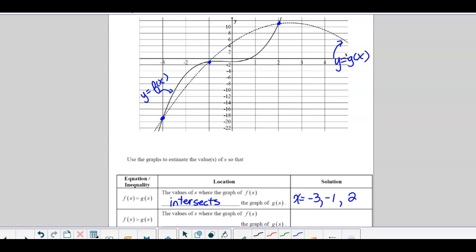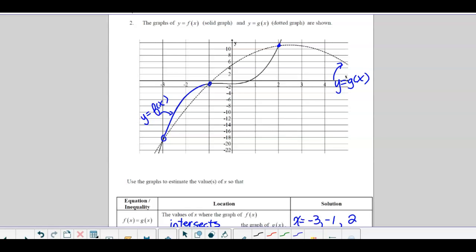Well, in this interval here, okay, so there it's above. There it's equal, so this doesn't have an equal sign. So this is just your work, but you could have an open circle. And then where is it above again? Here. All right, so for any of these x values, if you compare the y values, the solid line is above.